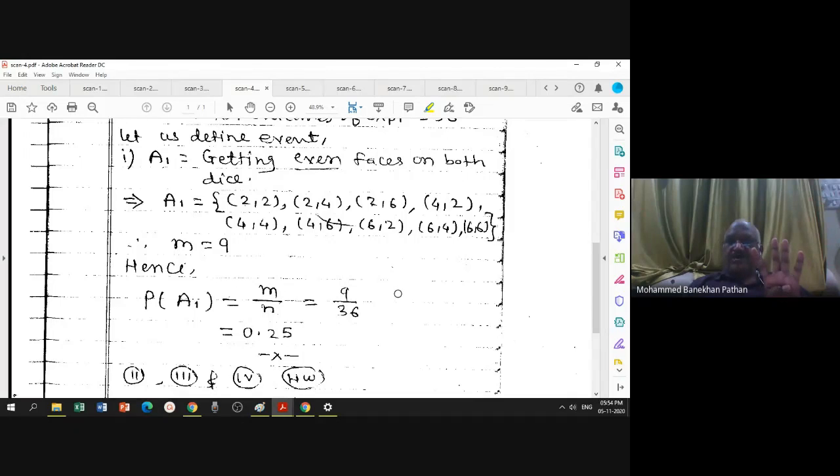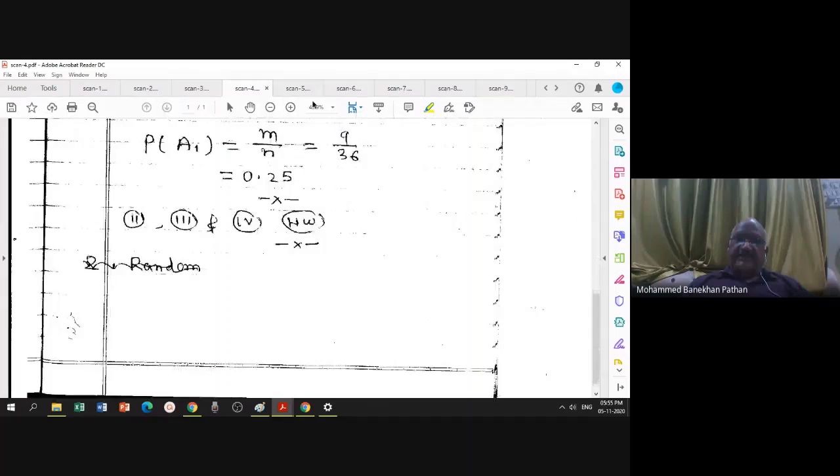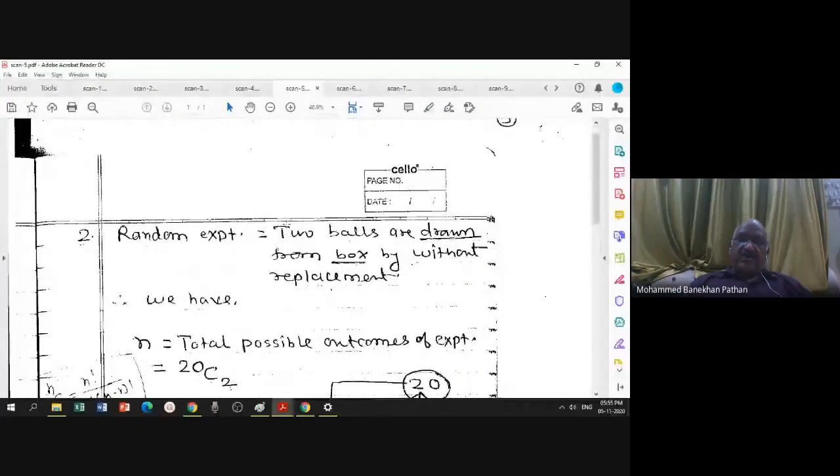Step number 1, write a random experiment. Step number 2, find the total number of outcomes, define the event, and apply the formula of classical probability. Let us proceed ahead for the next example. Question number 2.